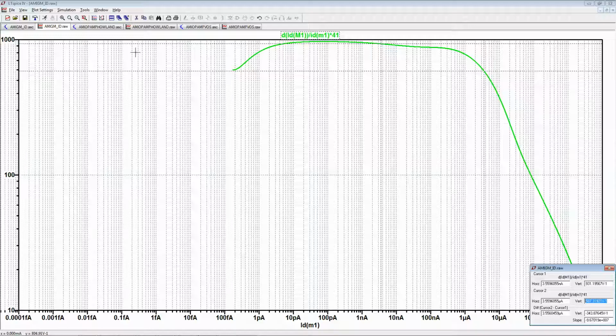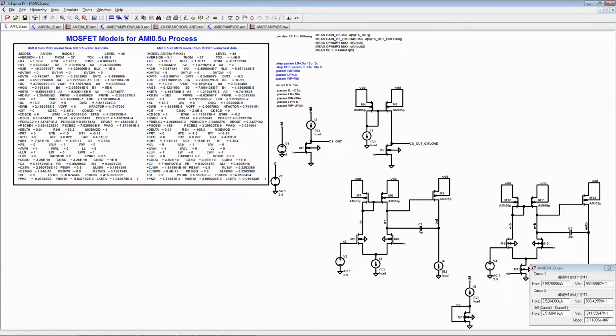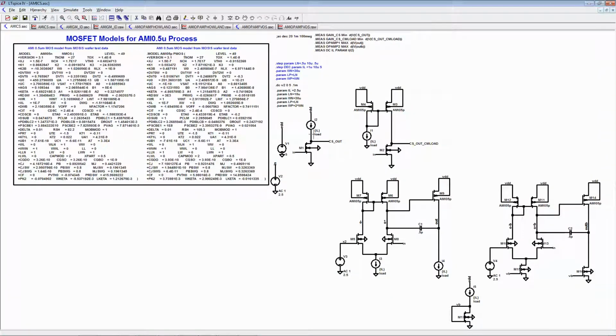Now, how did I measure that? Well, let's just run this simulation. And here I have CS out.